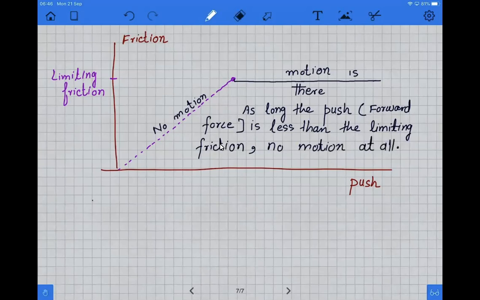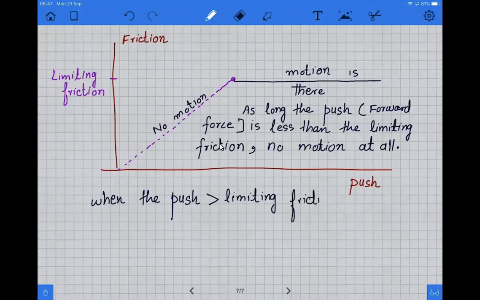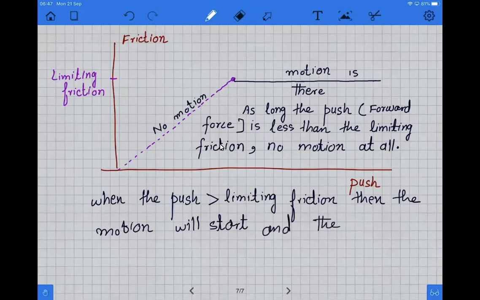When the push or the forward force gets bigger than the maximum value of the friction called limiting friction, then the motion will start and the friction will remain constant.